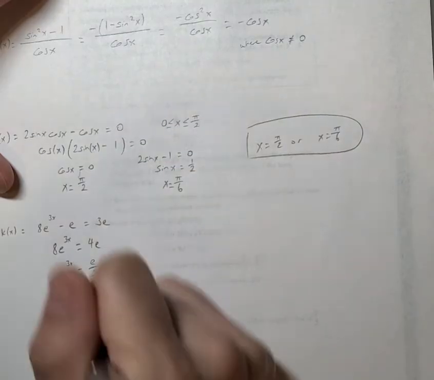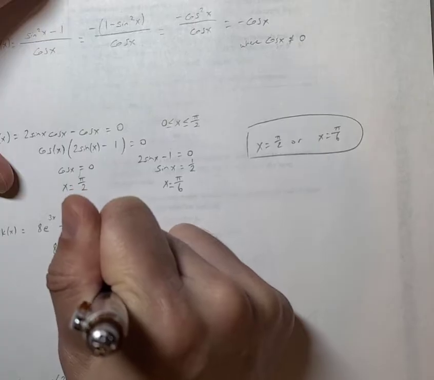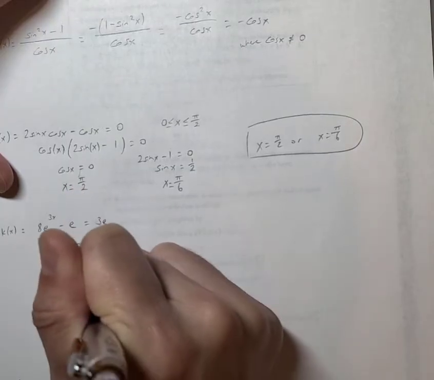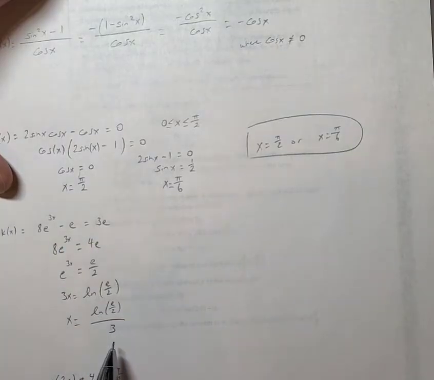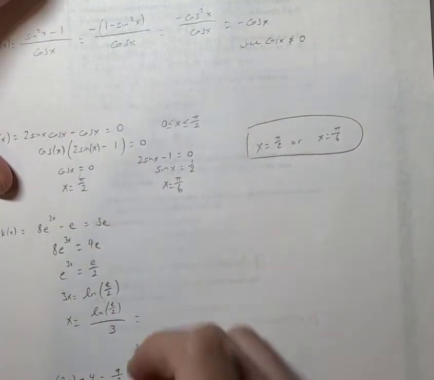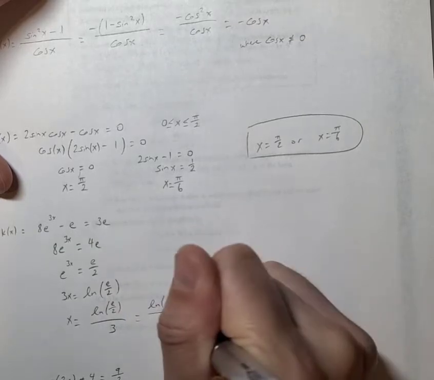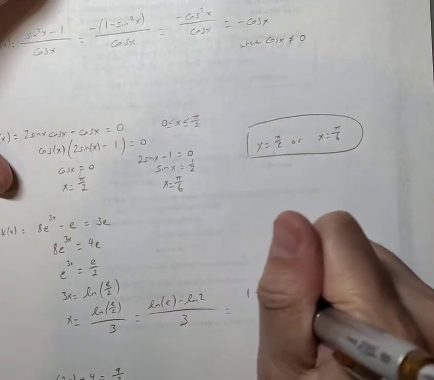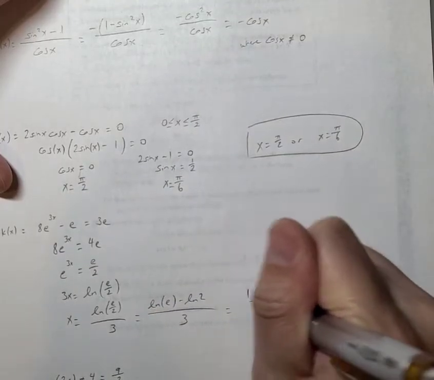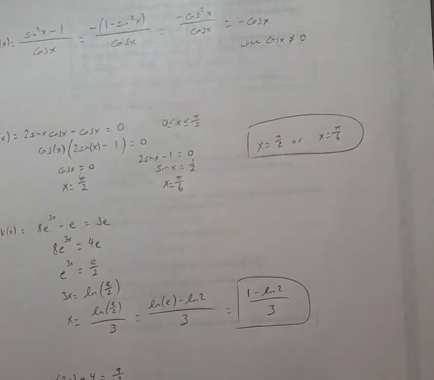Now we take the log of both sides, so 3x is ln of e over 2. x is ln of e over 2, over 3. We can simplify this using properties of logs. It'll be ln of e minus ln of 2, over 3. ln of e is just 1, so it's 1 minus ln 2 over 3. That's how I would solve that.